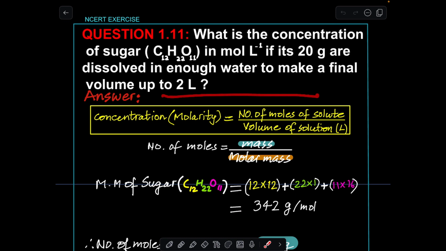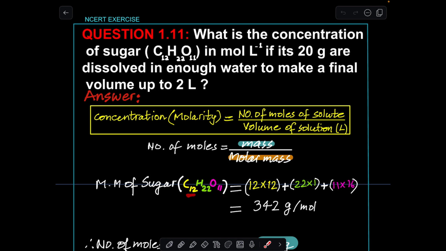Like here, molar mass is not given, but we can calculate it easily because the atomic masses of these 3 elements are known to everyone. They are simple elements. So first we'll calculate the molar mass of the sugar. Now the mass number for carbon is 12, for hydrogen it is 1, and for oxygen it is 16. So these values will apply. In the molecule, how many carbon atoms are we having?